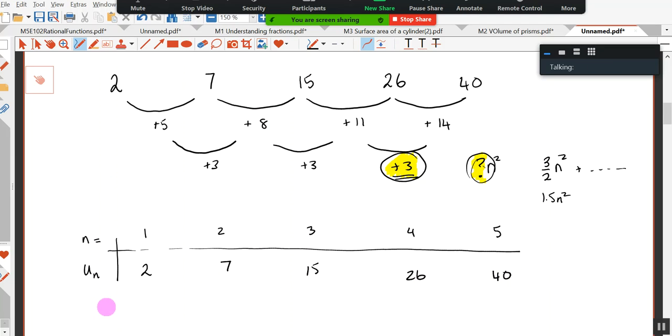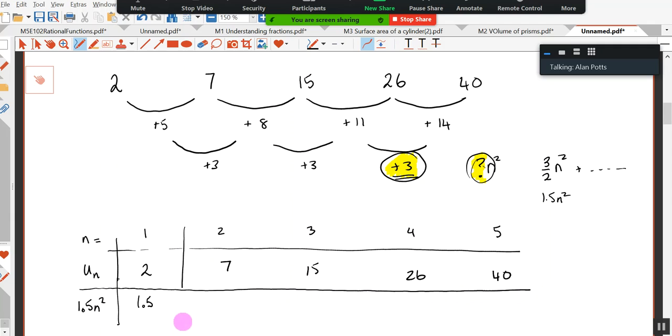And what we currently have is 1.5 n squared. What does that actually give me? So we have to work out what 1.5 lots of 1 squared would be. Well, that one's easy. That's just 1.5. What would the next one be? It would be 1.5 lots of 2 squared.